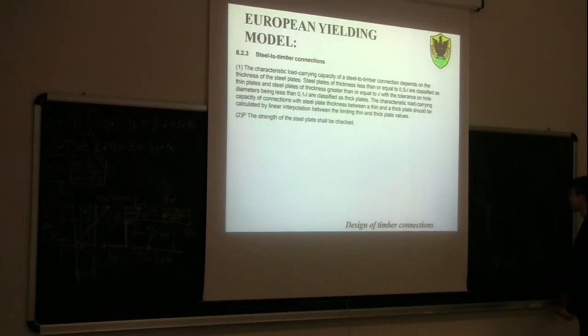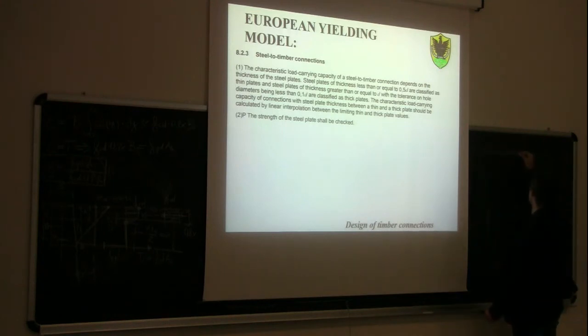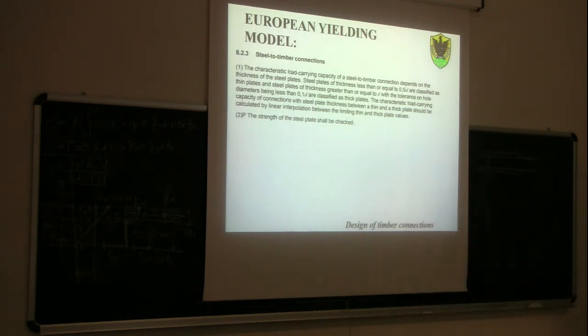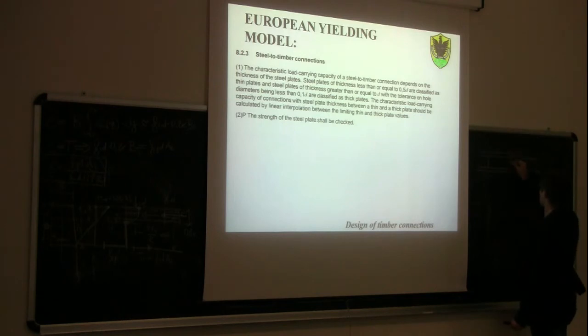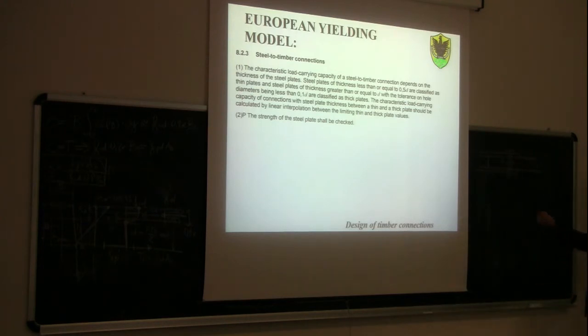For example, this is a timber to steel connection. So this is a bolt, for example. This is the diameter of the bolt, and this is the thickness of the steel.